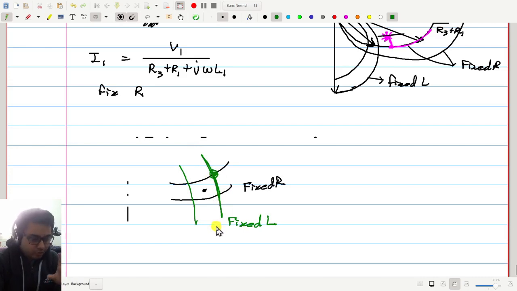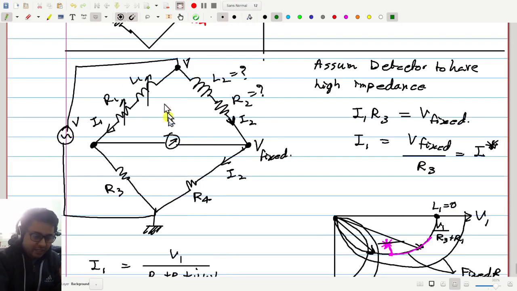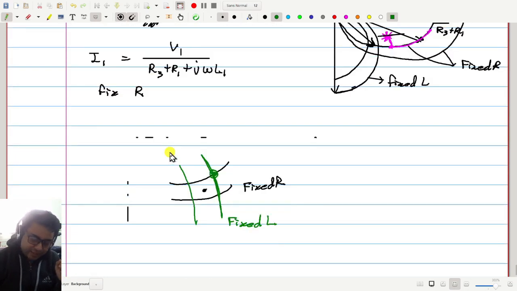Now we will find the point of minimum deflection, maybe a point which is closest to this I star. This point is I star. If we keep the inductance fixed and change the resistance only, then maybe at this point we will get the minimum deflection.